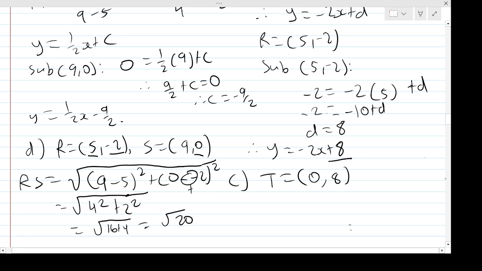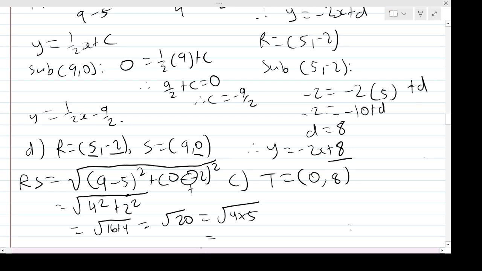Well, root 20 is a surd. Because it says our answer needs to be in the form k root 5, it has to look like this. Remember with surds, we look for square factors, like 1, 4, 9, 16 and so on. Here I can spot 4 goes into 20, so I can say that's root 4 times 5, and 4 is the square factor.